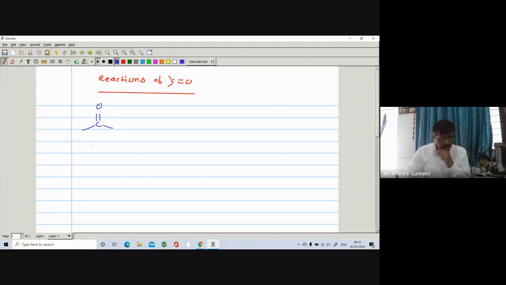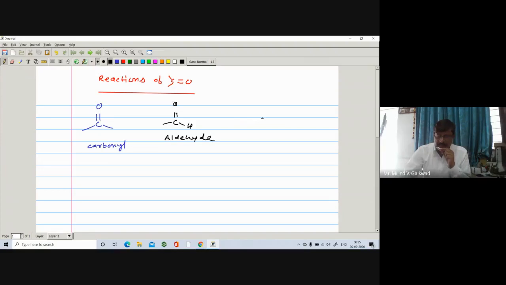This carbonyl group has a bond between the carbon and oxygen by a double bond, and there are two remaining valencies. If one of the valencies is satisfied by hydrogen, then it is called an aldehyde.